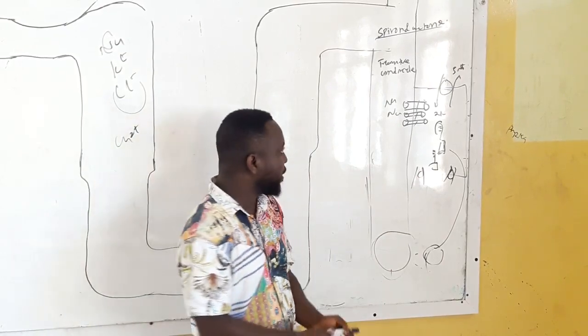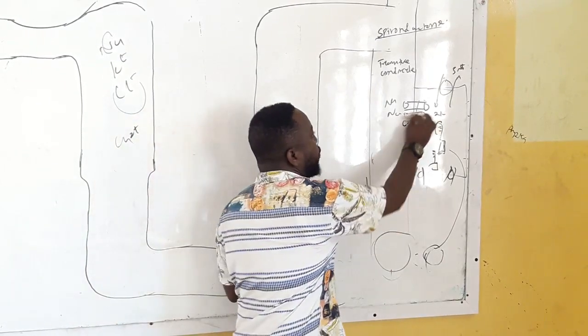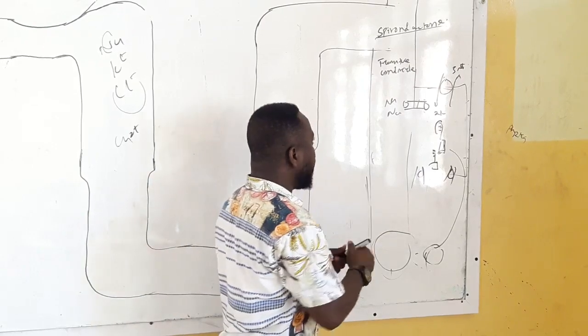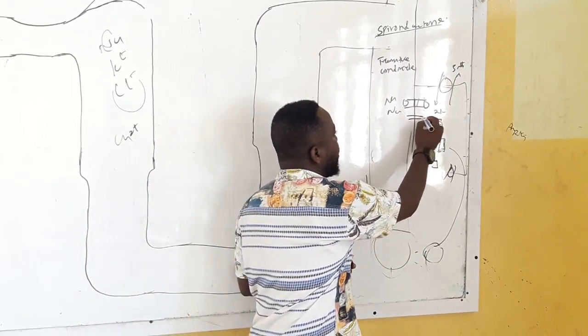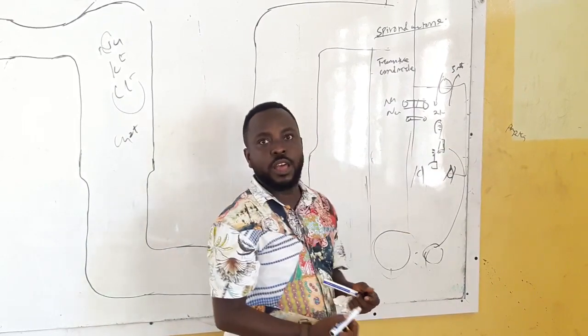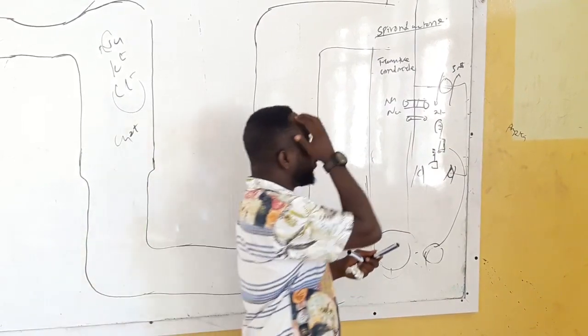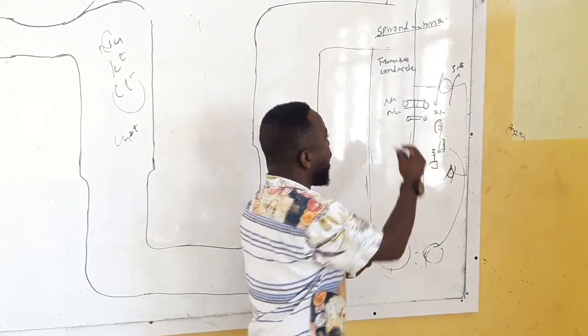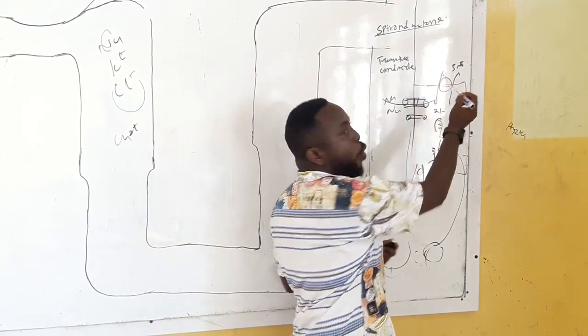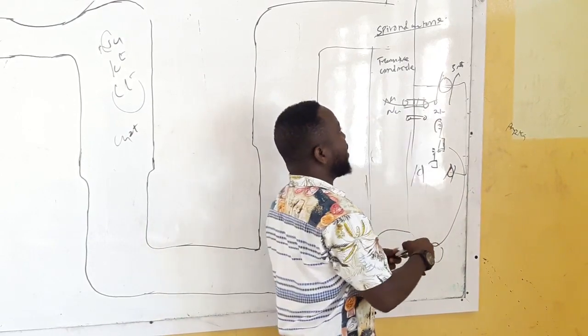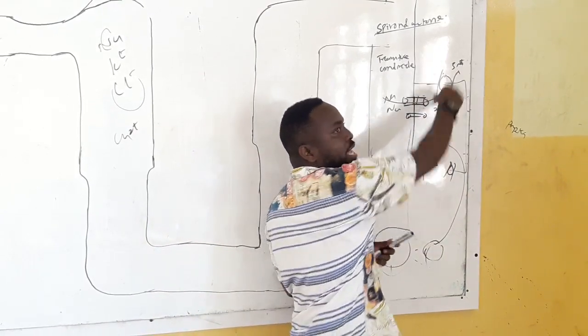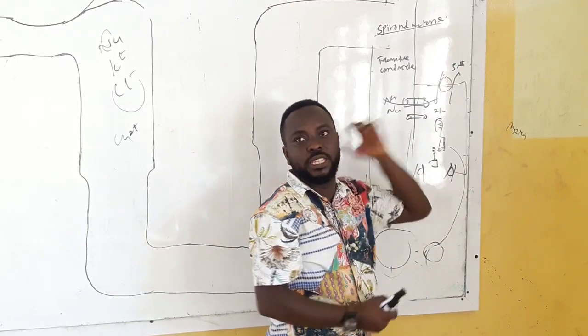So when that happens, the number of sodium channels on the luminal side will be reduced. And when the sodium channels are reduced and you don't have much sodium going in, because the more sodium goes into the cell, the more it enhances the effectiveness of the sodium potassium ATPase pump.